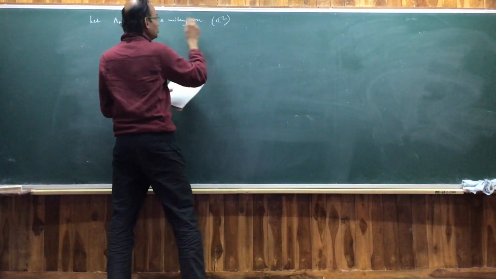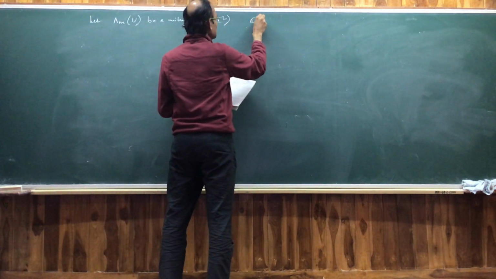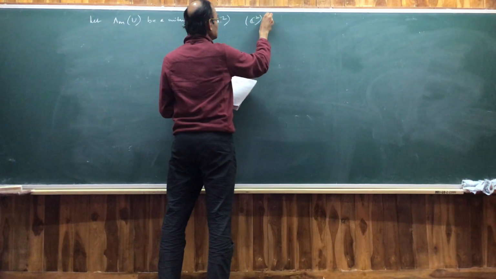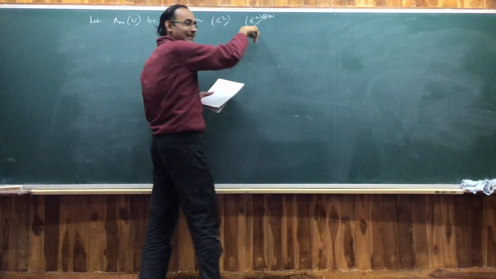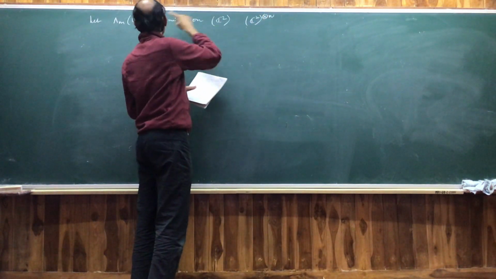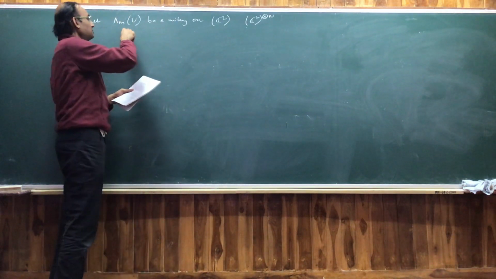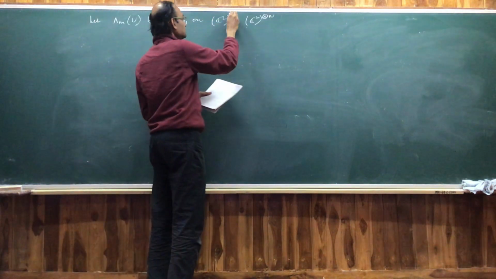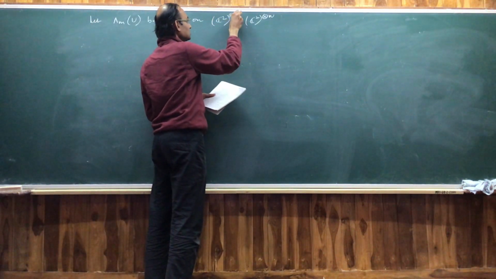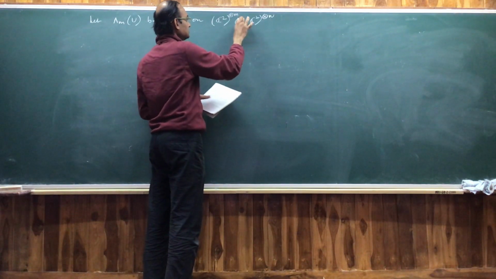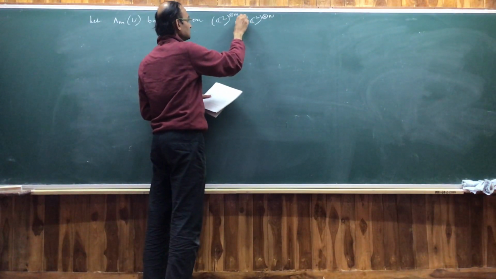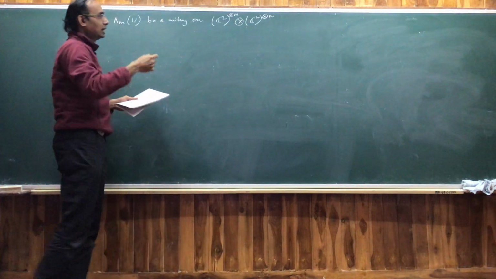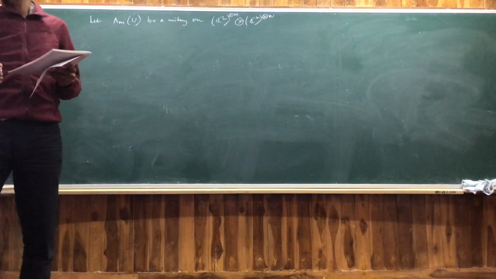So remember this u was in C2 tensor n qubits. This is a bigger animal. So it is an additional n qubits.